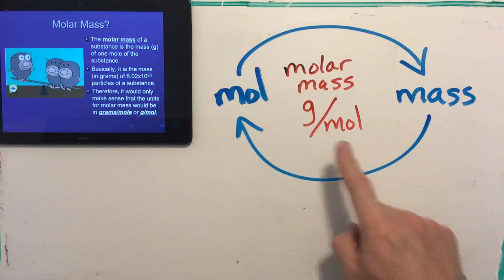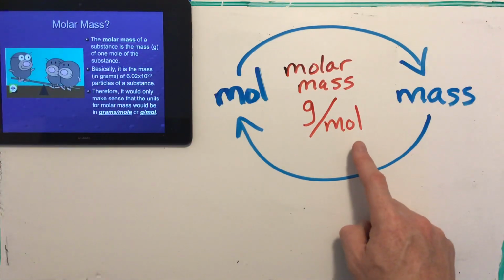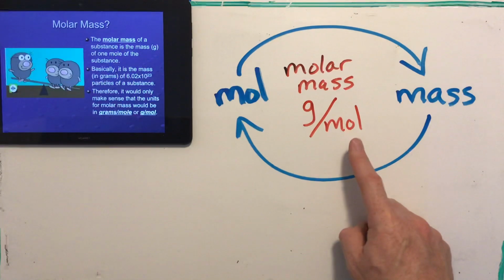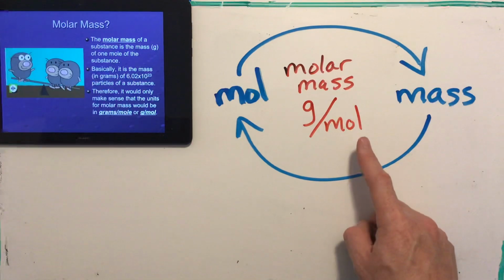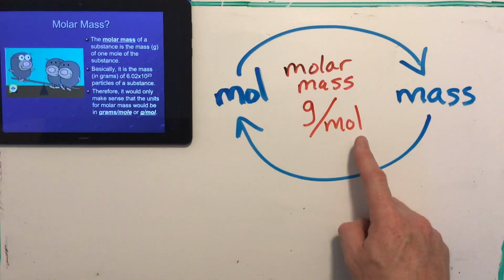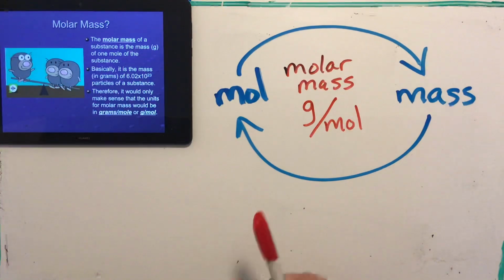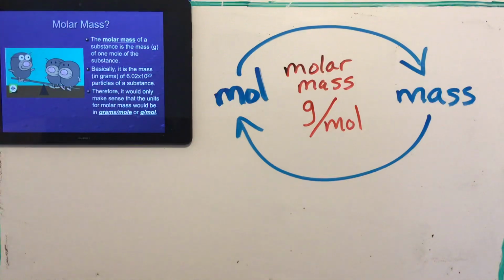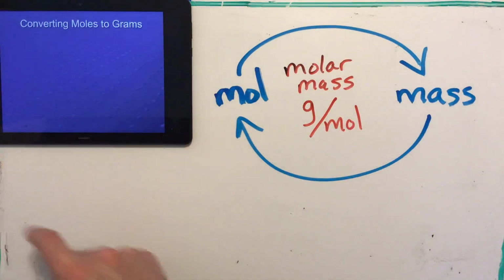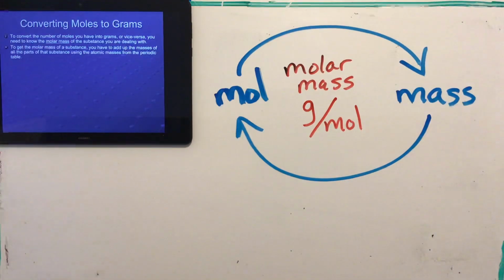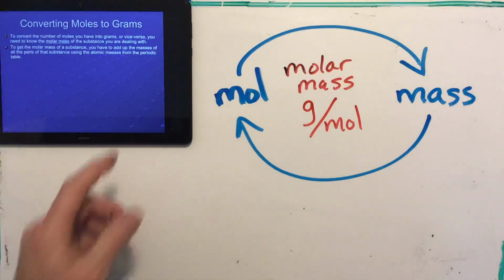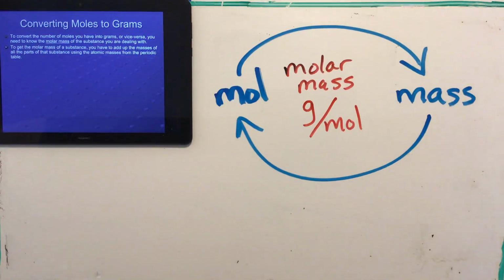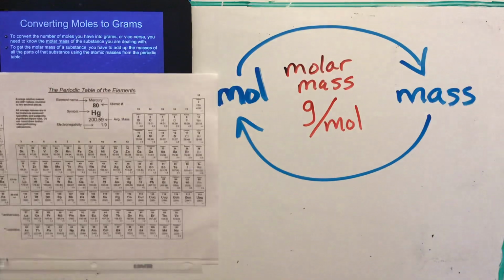So the molar mass is the mass of 602 hexillion, or 6.02 times 10 to the 23 particles, atoms or molecules, of that substance. All right? So of course, if it's the molar mass, it's the mass, grams, per 1 mole. Now, how do we figure this out? All right, how do we get that molar mass? So what we do is we simply use the values on the periodic table.